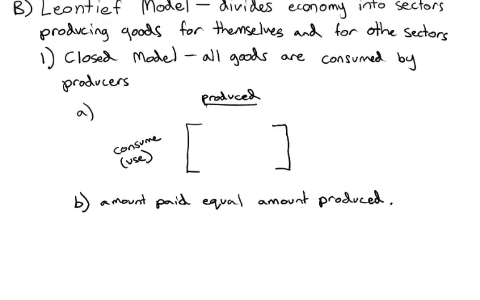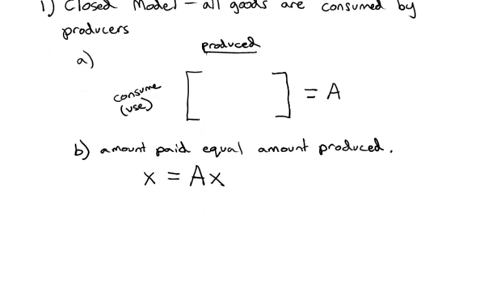And now if we look at that in terms of matrices, the amount paid, x, is going to equal the amount produced. And the way we calculate the amount produced is if we call this matrix above matrix A, the matrix that shows produced and consumed is multiplied by the produced, and that should equal the amount paid, the same amount. Well, let's play with this algebraically a bit.